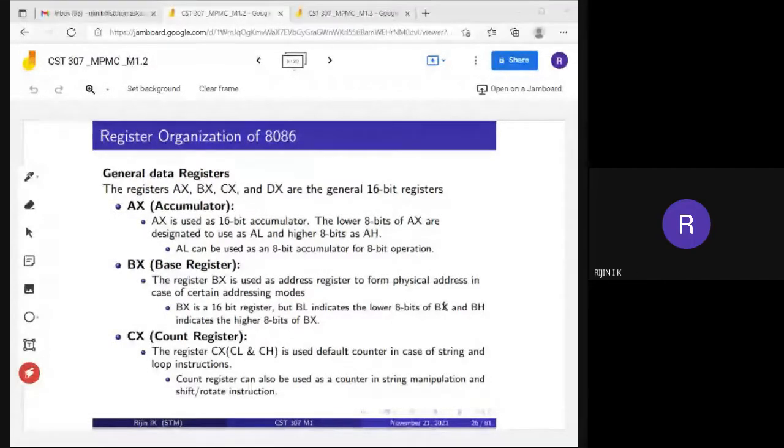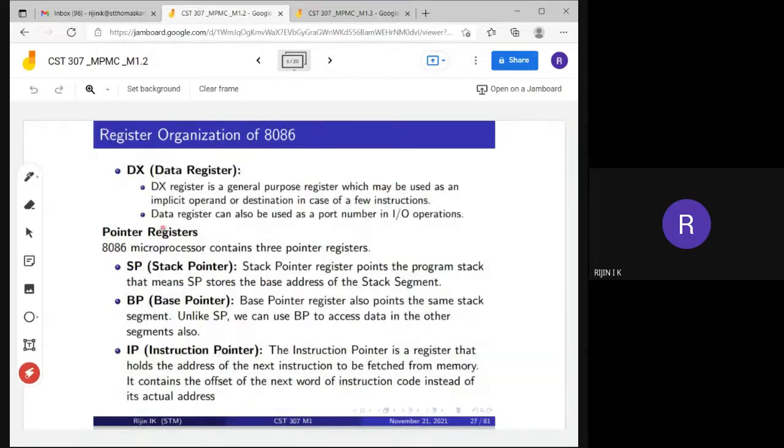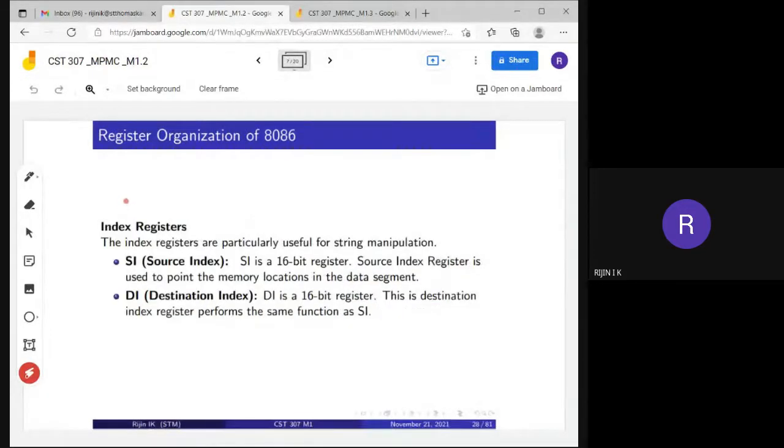Last class we were discussing different registers in 8086. So we can continue the same topic. Last class we discussed the general data registers and pointer registers also. So next is the index register.